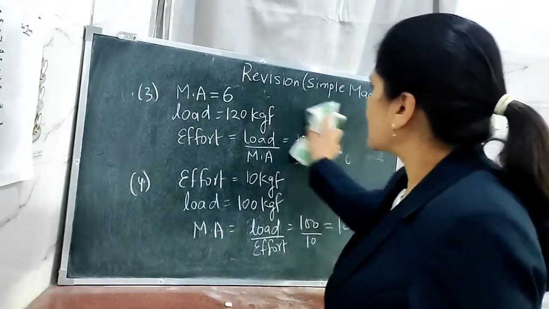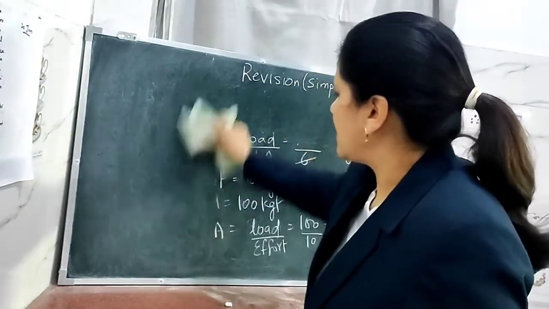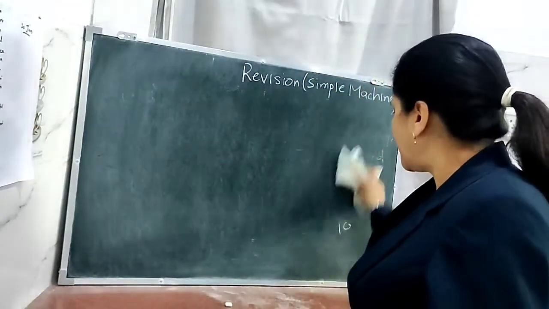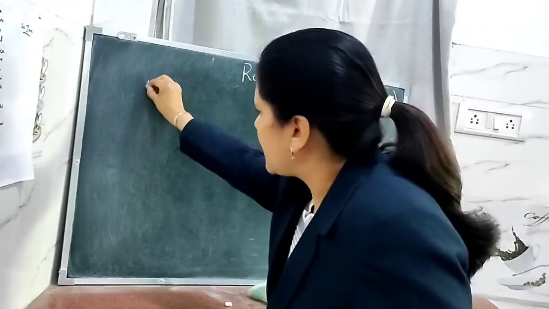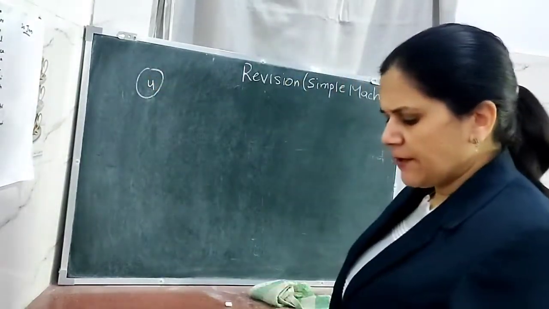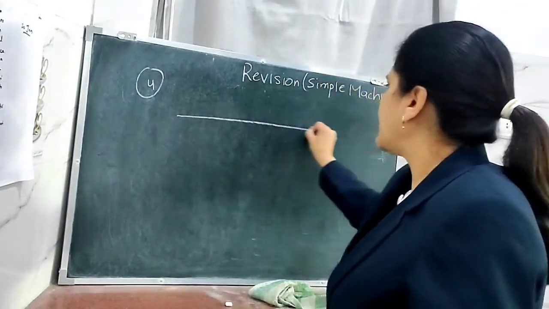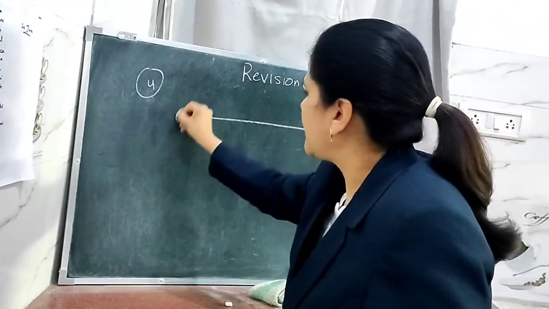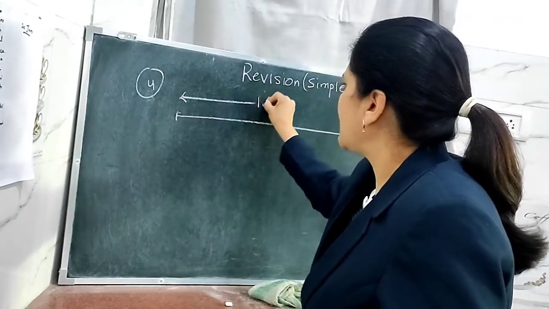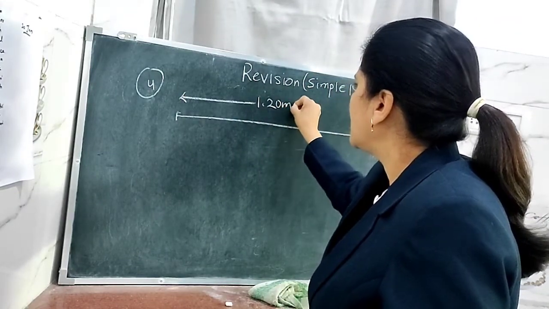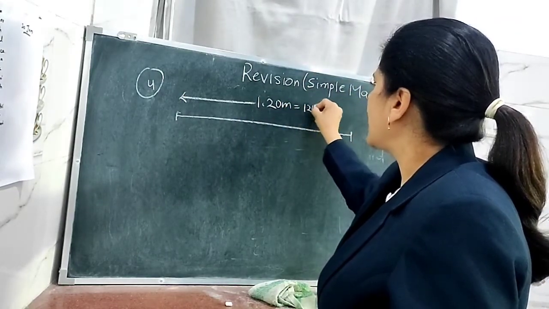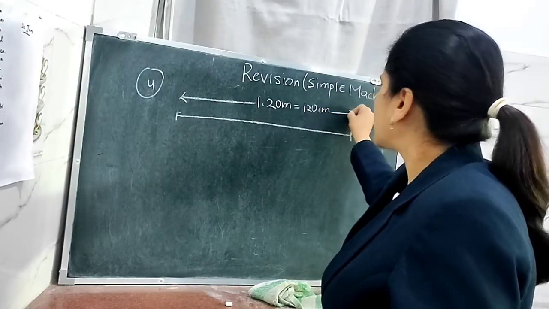Now let us go to one more question here, solved example number 4. Just read out the question once. A lever of length 1.20 meter. Let me draw out the diagram here. This is the total length of the lever. It is being given as 1.20 meter or you can write down it as 120 centimeter total.